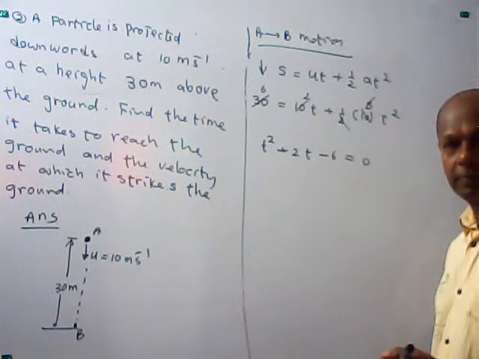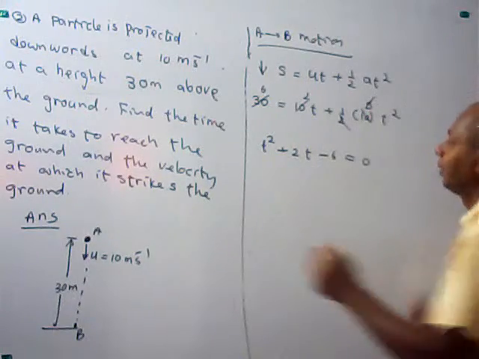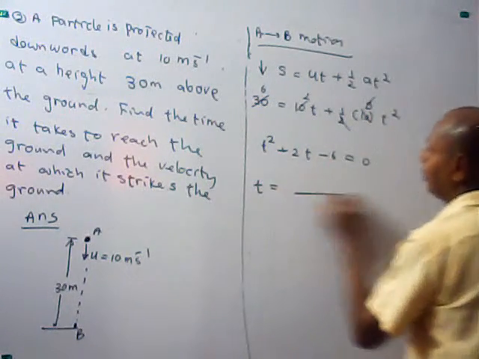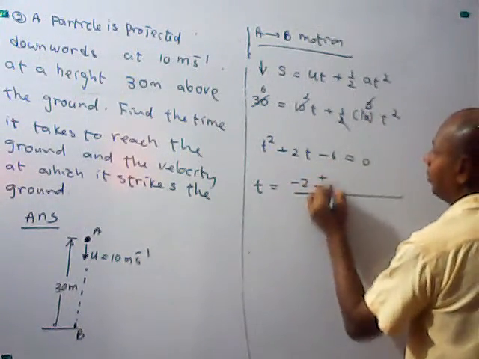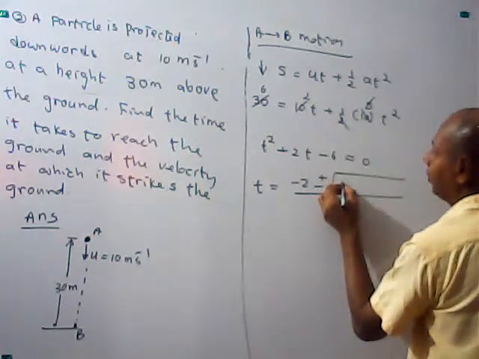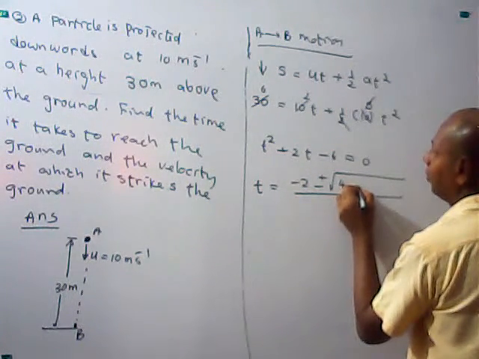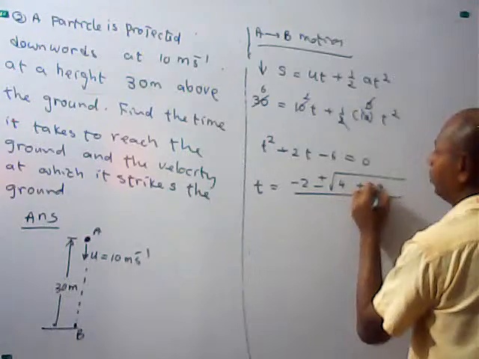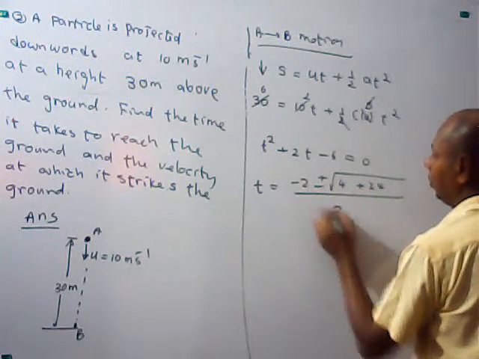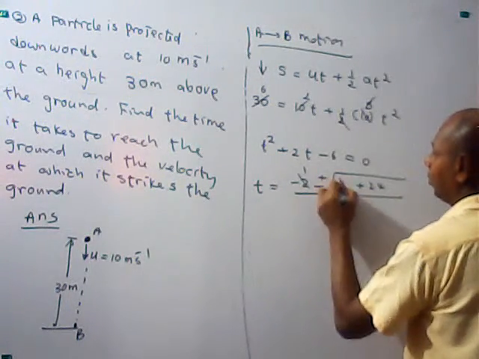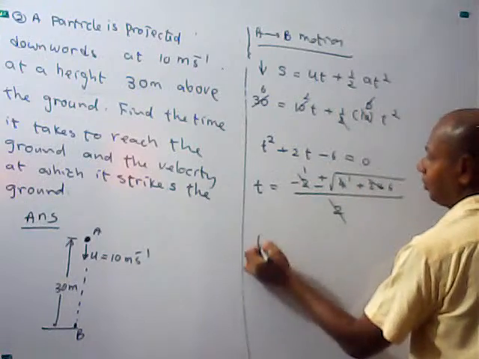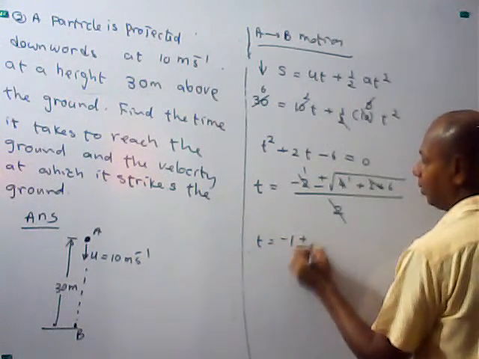No factors, but you have to use the formula. t equals minus b plus or minus square root of b squared minus 4ac, that becomes plus 24, divided by 2. You can divide it by 2. So it is minus 1 plus or minus root of 7.